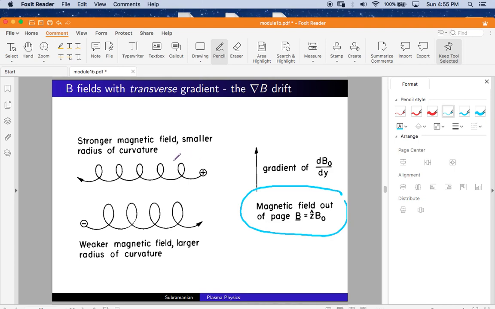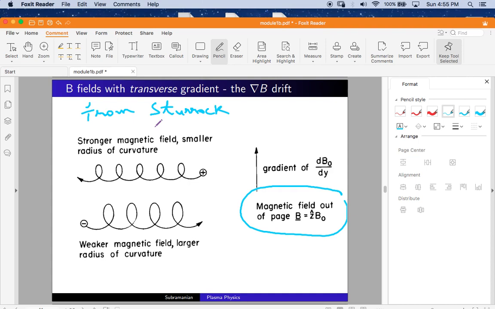I'm simply giving you the result on this slide, and we will discuss how this came about. The subsequent discussion on the next slide or so is from Boyd and Sanderson.